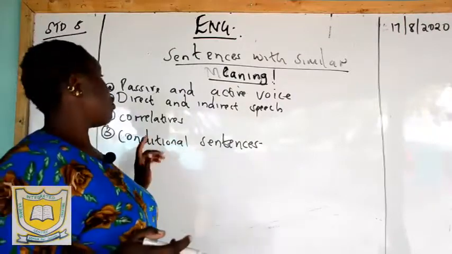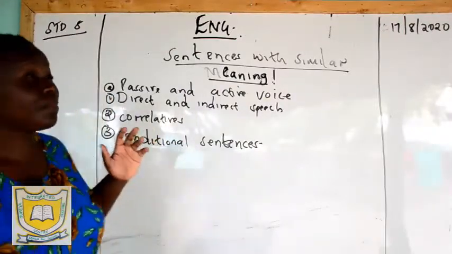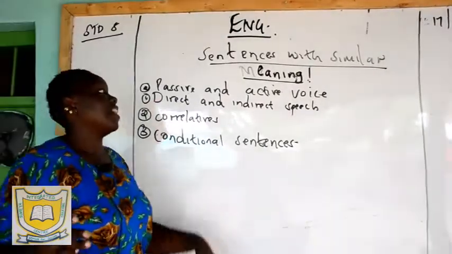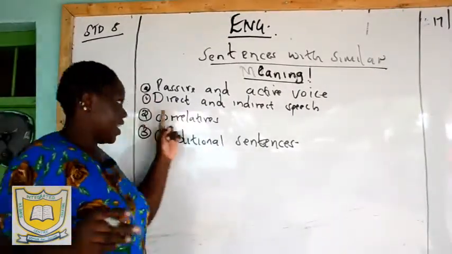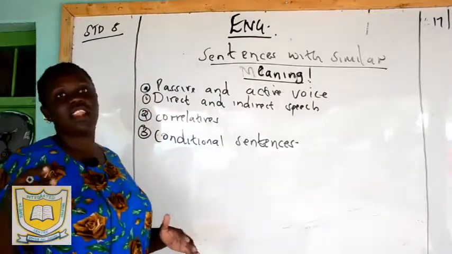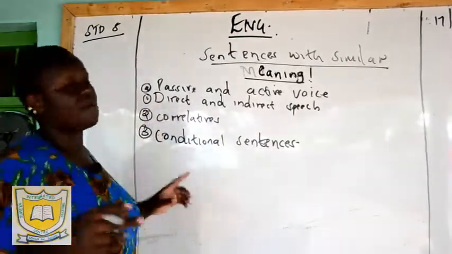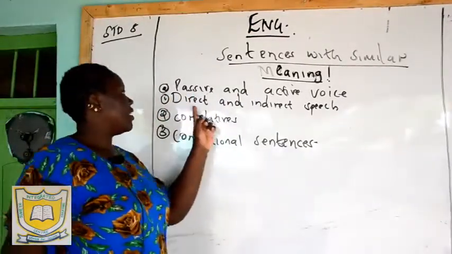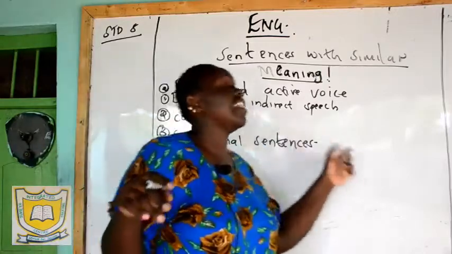And you realize that when they're asking for sentences that are similar to the ones we have been given, we have the passive and active voice. We have the direct and indirect speech. The sentences that you've been given, and they want you to give sentences that mean the same, may lie under passive and active voice, or they may lie in the direct and indirect speech.